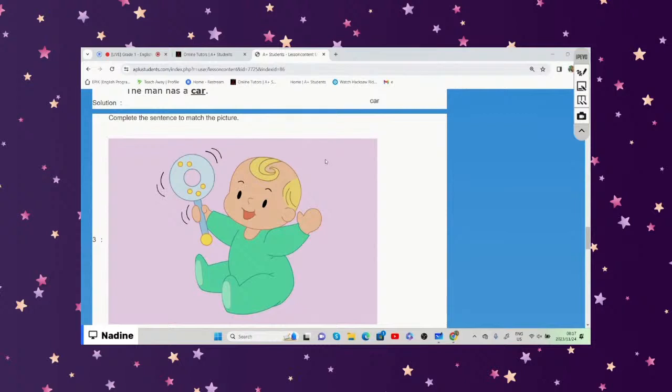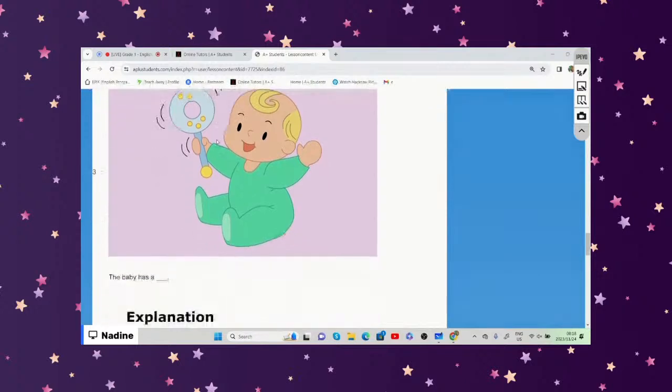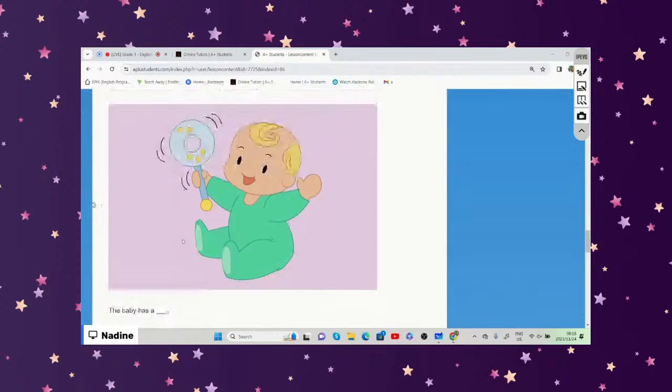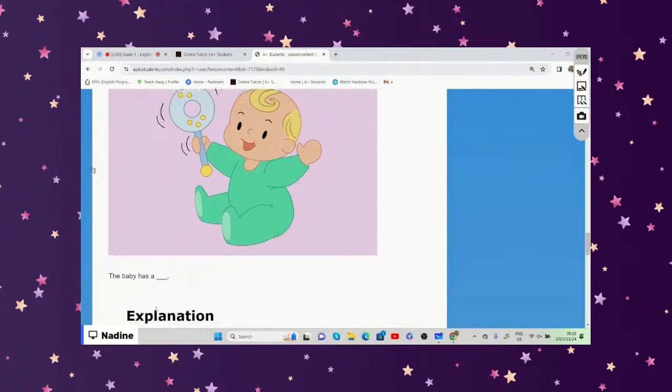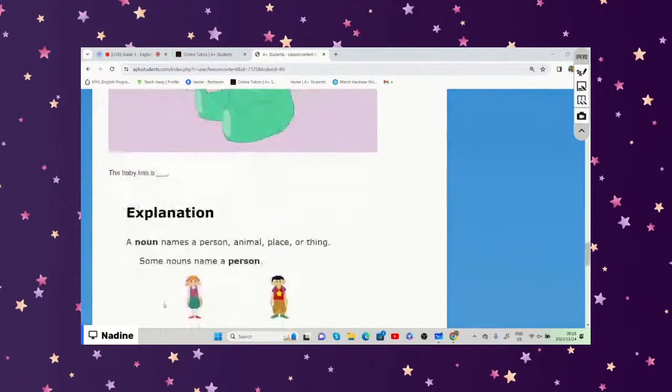So we see a baby, and the baby has a toy in his or her hand. So now it says the baby has a what in her hand? We can say the baby has either a toy or a shaker, right?